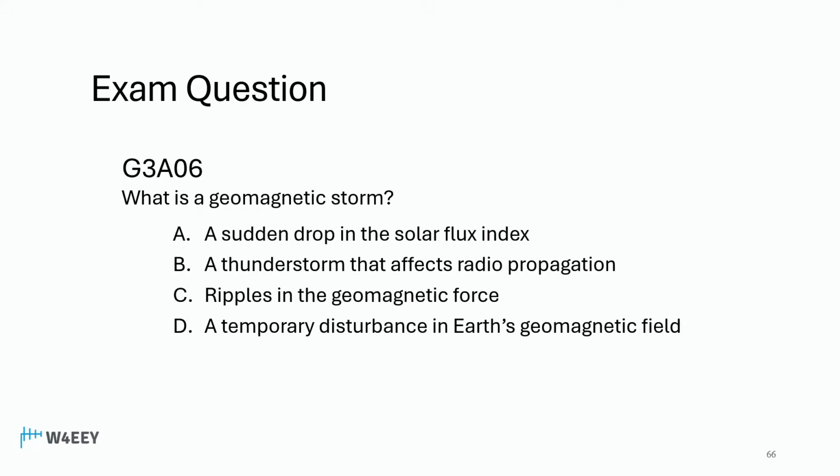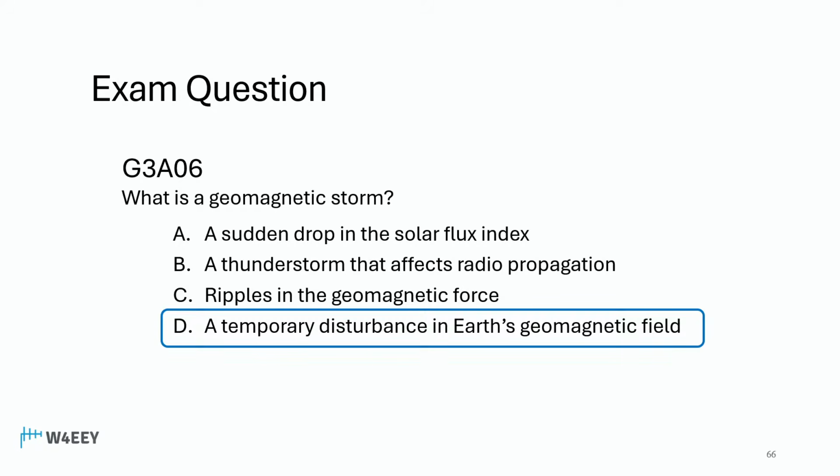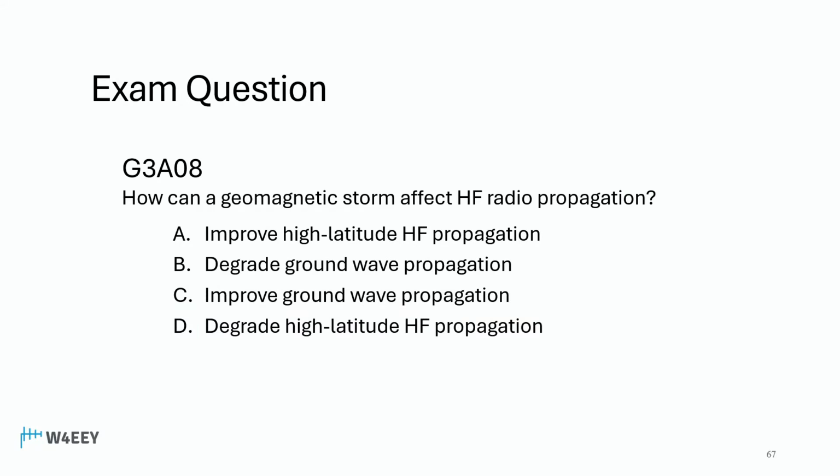What is a geomagnetic storm? Delta, a temporary disturbance in Earth's geomagnetic field. How can a geomagnetic storm affect HF radio propagation? Delta, it degrades high latitude HF propagation. It hurts it.